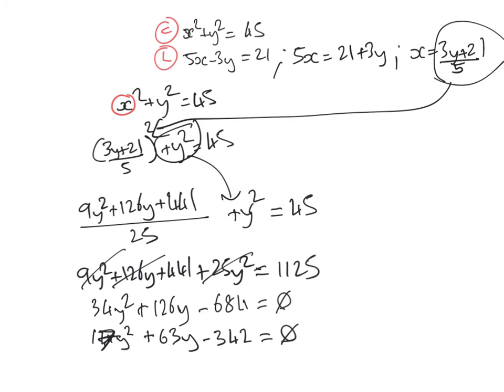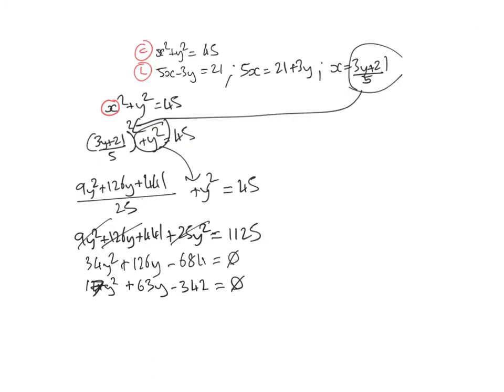Just use the formula, okay? Whacked into the formula, this gives us y equals 3, or y equals minus 6.7 to 1 decimal place. And then our x values, if we sub those in, give us, what do we get for 3?